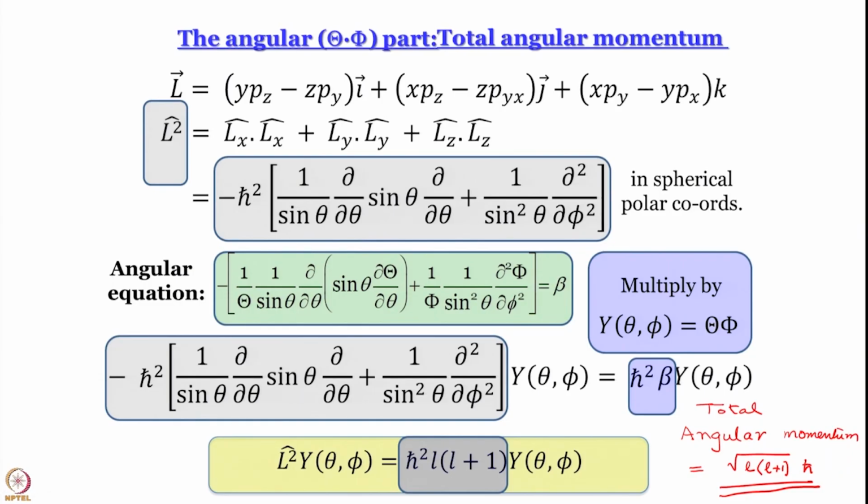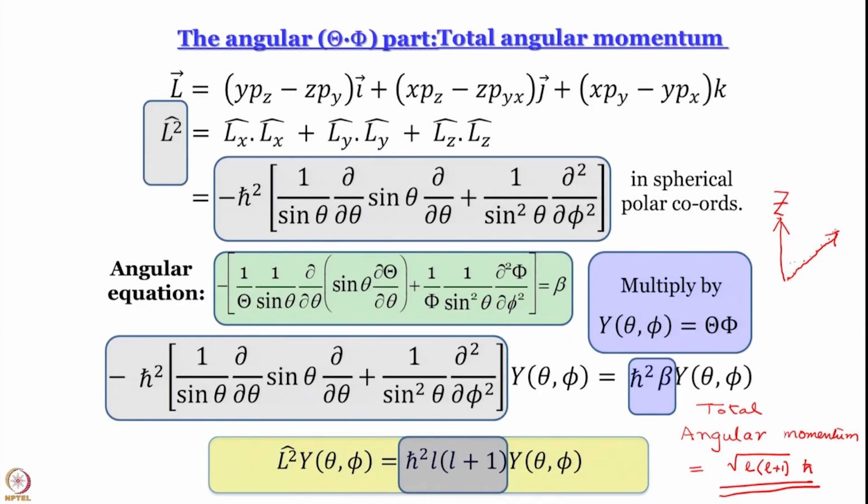So, let me just draw this picture once. Let us say this here is the z axis, this dotted arrow, this is your angular momentum vector, or maybe I just make it a solid arrow, it looks horrible. Well, it is not supposed to be so wavy, it is just that my hand is not very stable on this surface.